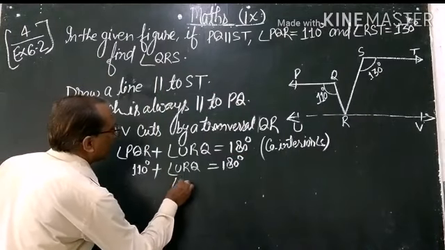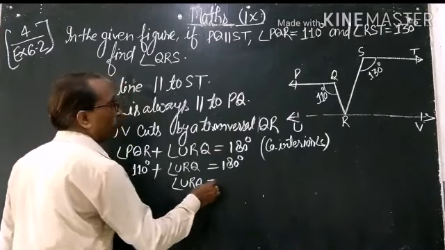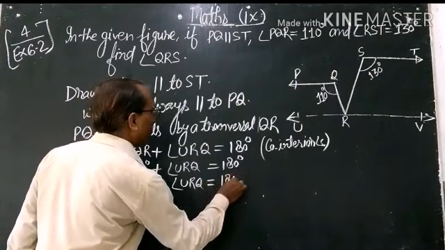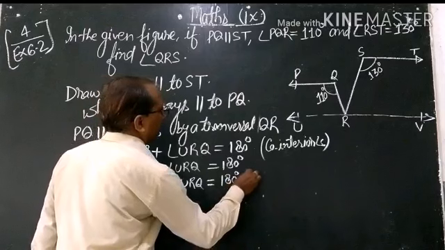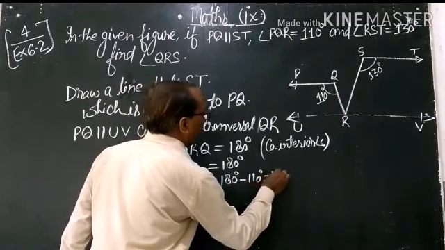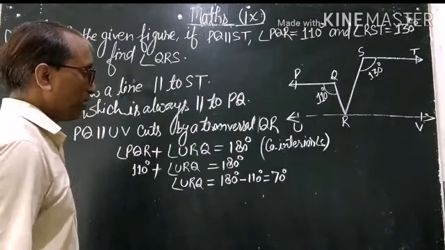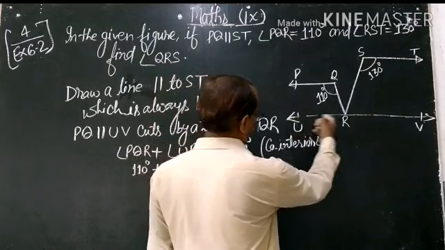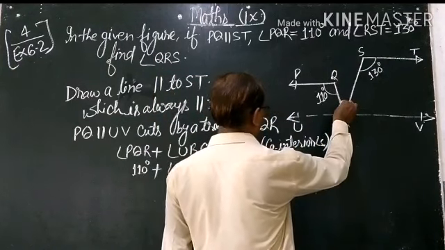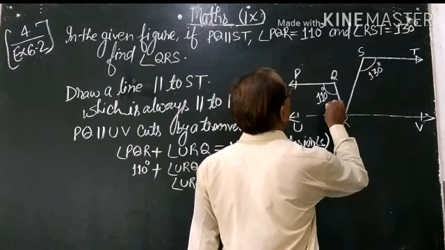Then angle URQ is equal to 180 degrees minus 110 degrees, that is equal to 70 degrees. You get the value of URQ, means this angle, that is 70 degrees.